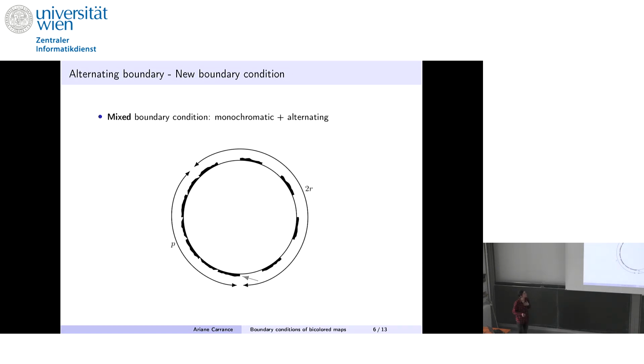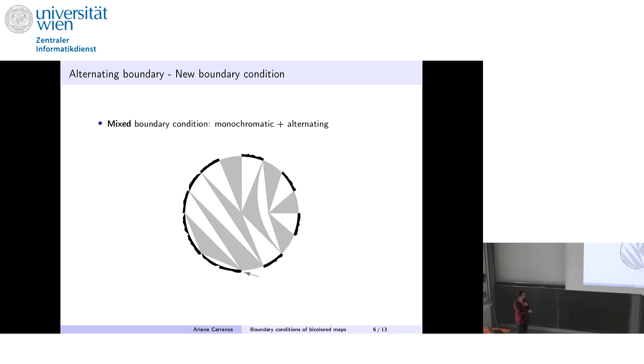So just so it's clear for everyone, when I draw a big circle with little black trimmings on it, it means that inside I have a bicolored map where, when there's a black bit inside, the adjacent face is white, and when there's no black thing, the adjacent face inside is black.